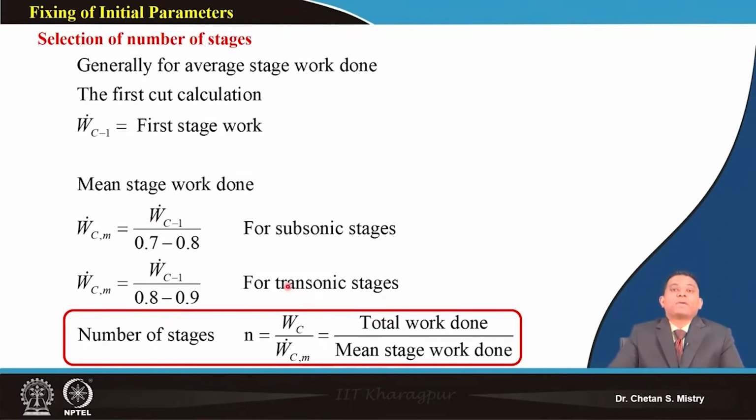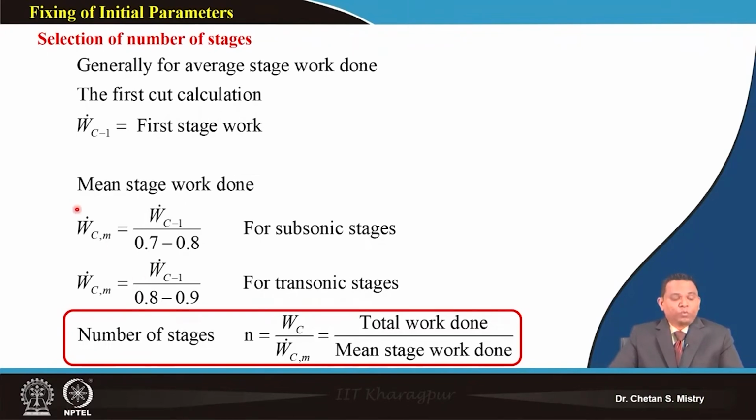Same way, suppose I have transonic stages, say my LP compressor or the initial few stages of the HP compressor. For that the mean work done can be calculated by dividing by 0.8 or 0.9.